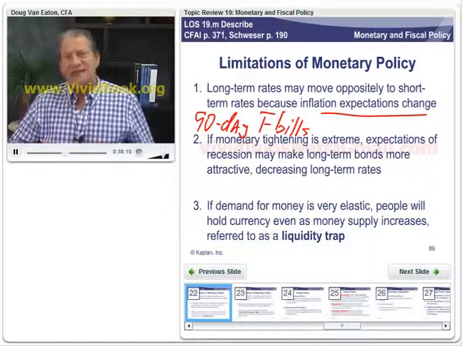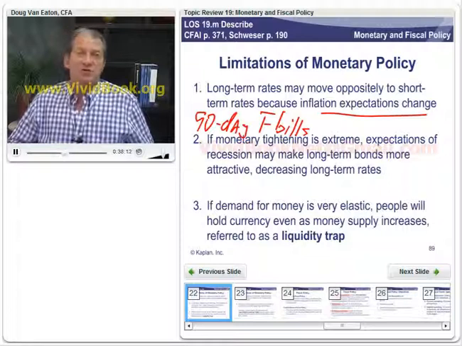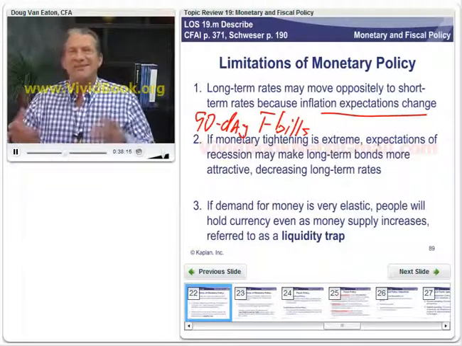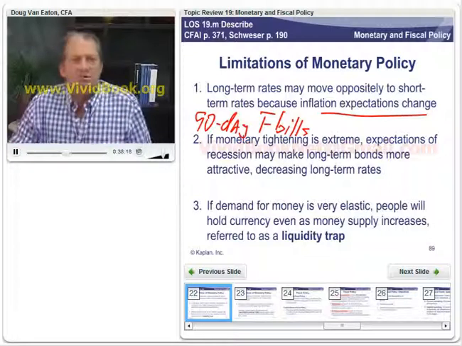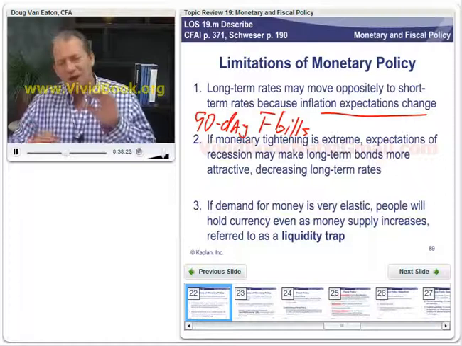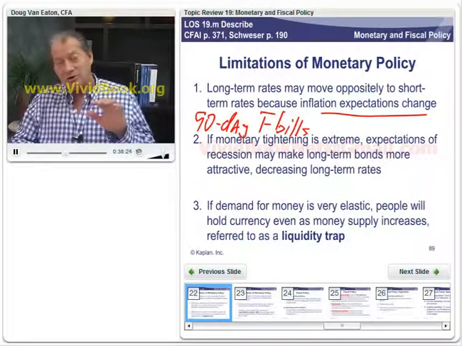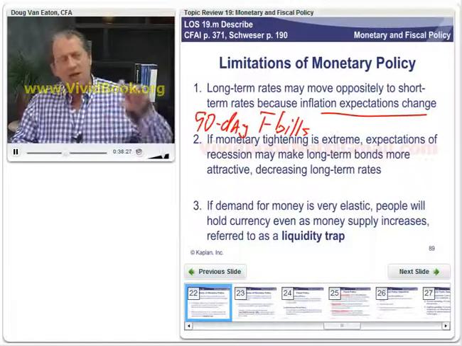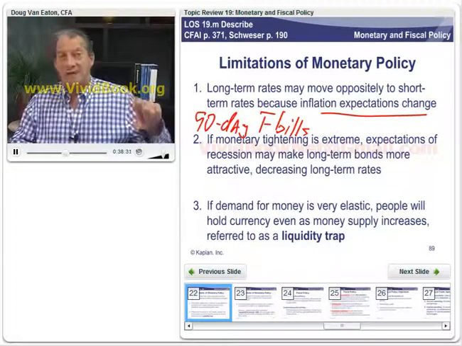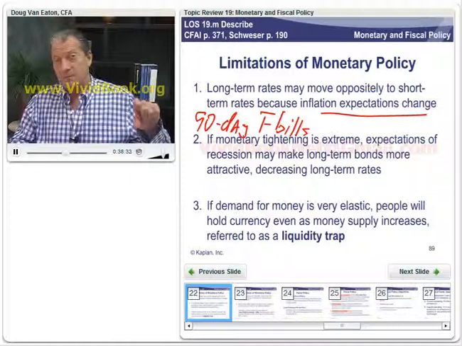markets may interpret that as printing too much money and rightly assume that over time that's going to translate into higher inflation. So we could have an expansion of the money supply that drives down short-term rates, but at the same time increases that inflation premium and inflation risk premium.